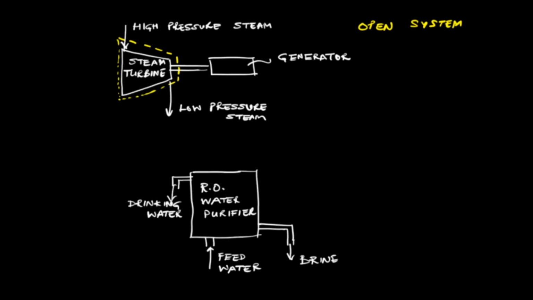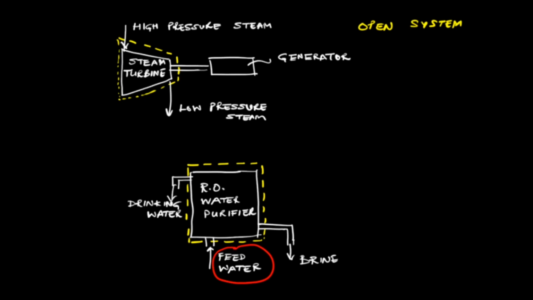Another example that we are familiar with, and this is a household example, is the reverse osmosis water purifier. So here, if we consider the system boundary known as this dotted line, then we have the feed water, or the tap water, that goes into this water purifier, and it splits up into two streams.